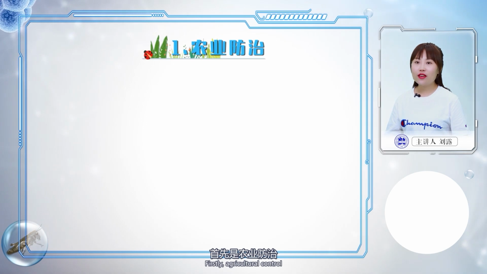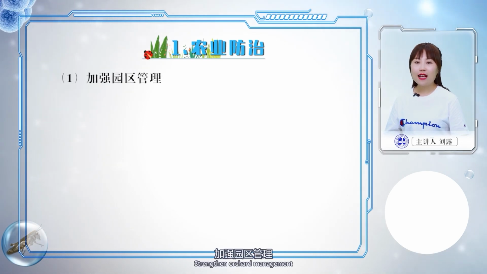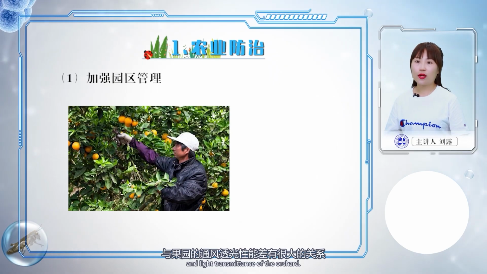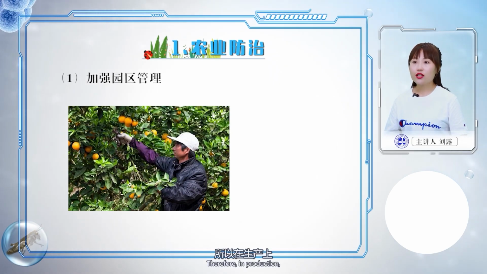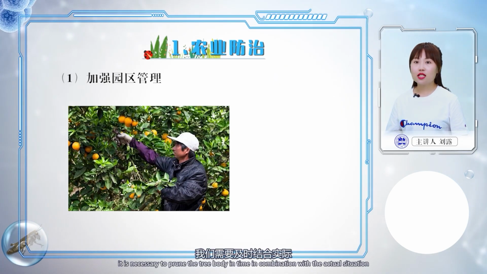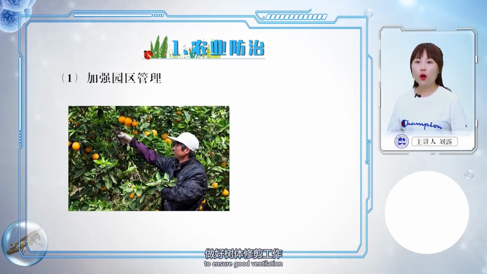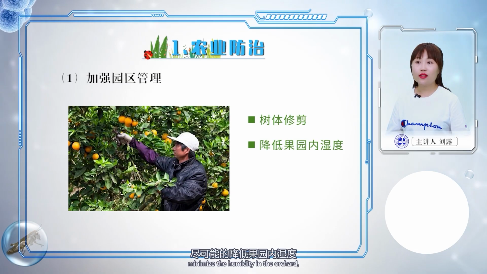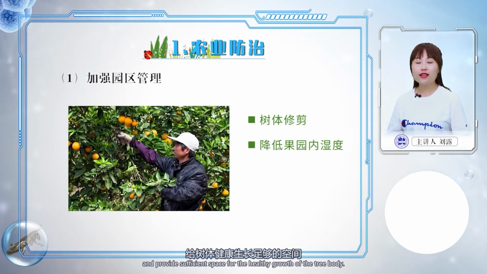Firstly, agricultural control. 1. Strengthen orchard management. The occurrence of citrus sooty mold is greatly related to the poor ventilation and light transmittance of the orchard. Therefore, in production, it is necessary to prune the tree body in time in combination with the actual situation to ensure good ventilation and light transmittance, minimize the humidity in the orchard, and provide sufficient space for the healthy growth of the tree body.